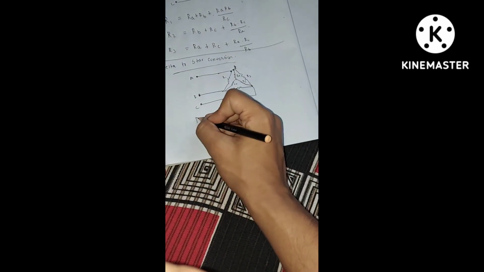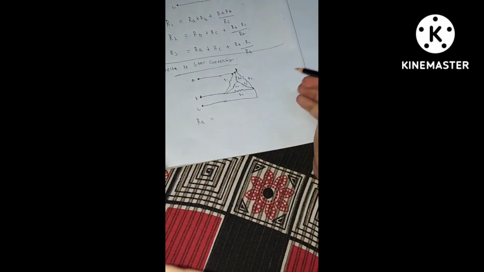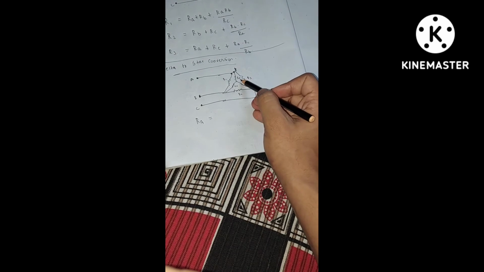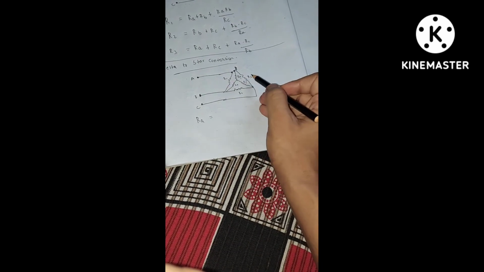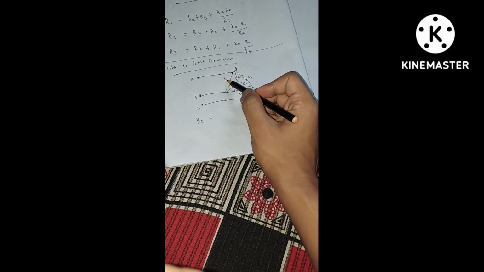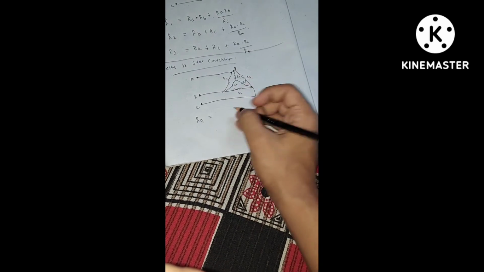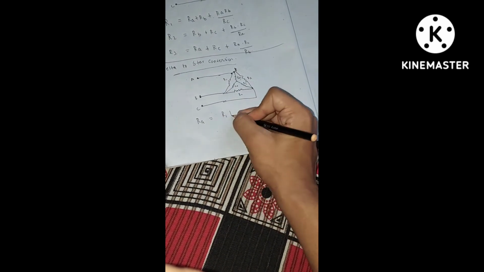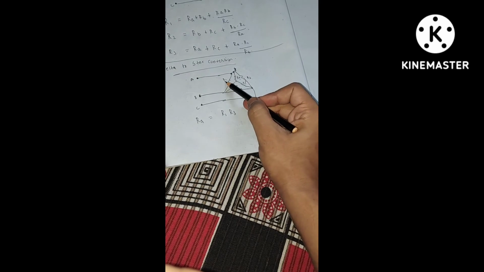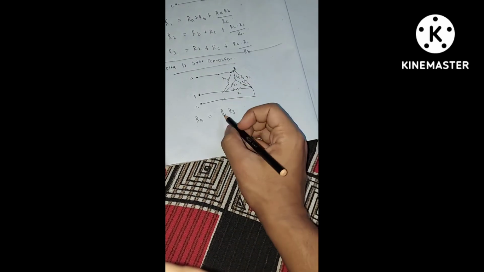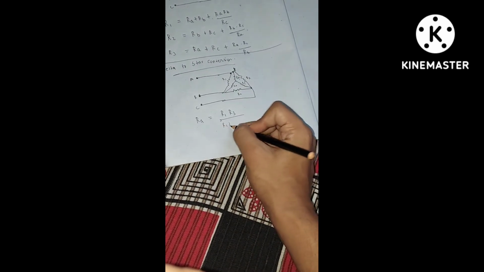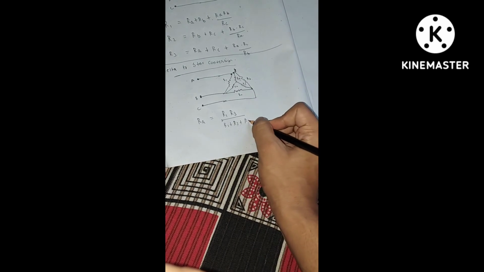RA will be equal to R1 R3 by R1 plus R2 plus R3, that is R1 into R3 by R1 plus R2 plus R3.